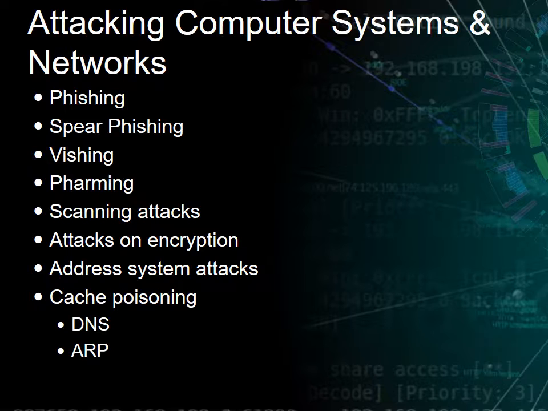So if you can get into the system's cache, or let's say the local host file, knowing the order in which the system searches to resolve a domain name to an IP address, if you can get into one of the early stages before it goes out to the general DNS servers that they have no control over, you could redirect traffic. So DNS poisoning is one way to do that.